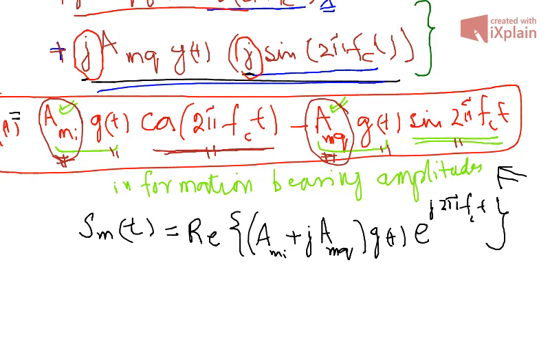So this was your representation of a QAM signal, because we are taking just the real part, and the real part is this one, which represents two sinusoids multiplied with this pulse shaping waveform, and then the information bearing amplitudes, which are real values.